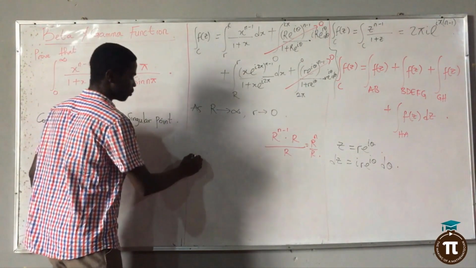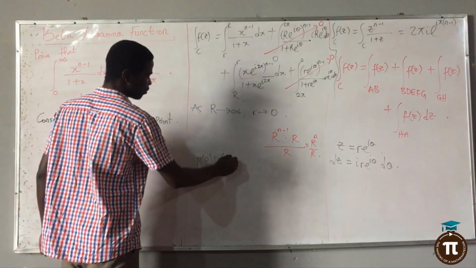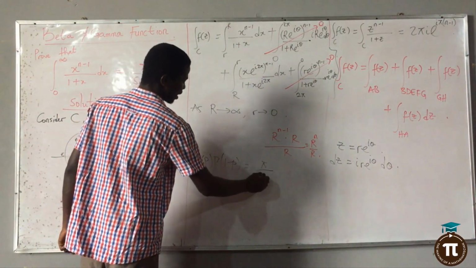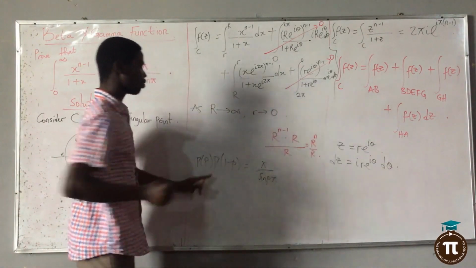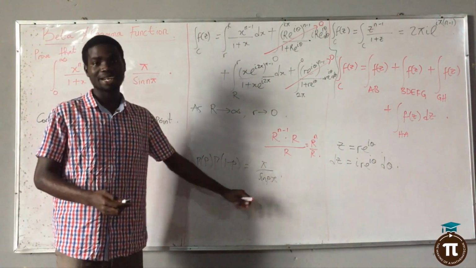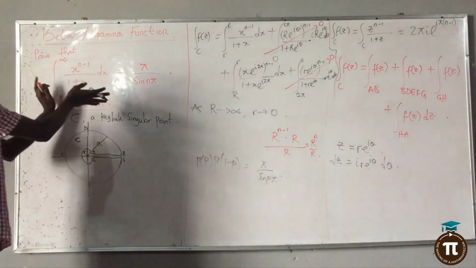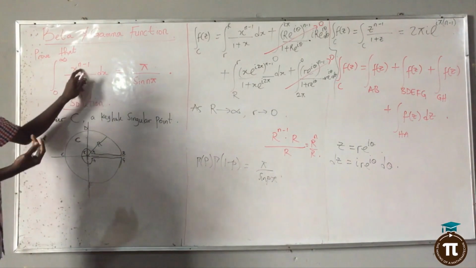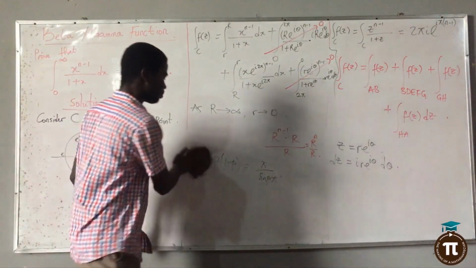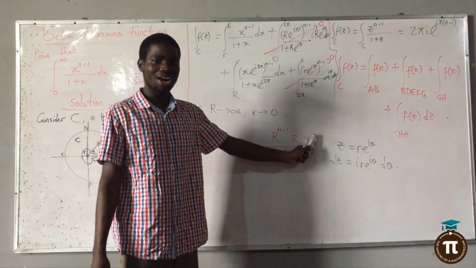Don't forget, this is how we got to this place. You say gamma of p times gamma of 1 minus p is equal to pi over sine p pi, where p is between 0 and 1. That is the case of the gamma function, and this is what we evaluated, and we got this. So this p is representing n here. So n is between 0 and 1. What my point is, the R at the denominator is greater than the R at the numerator.